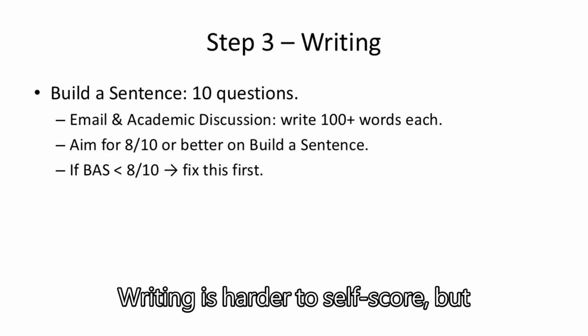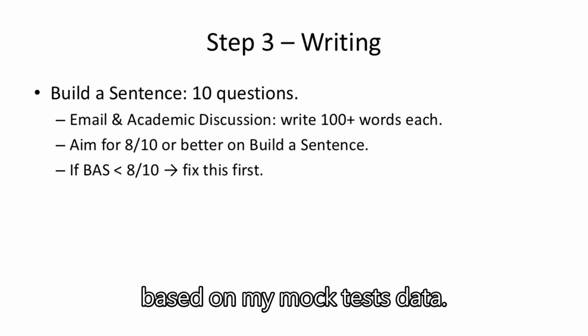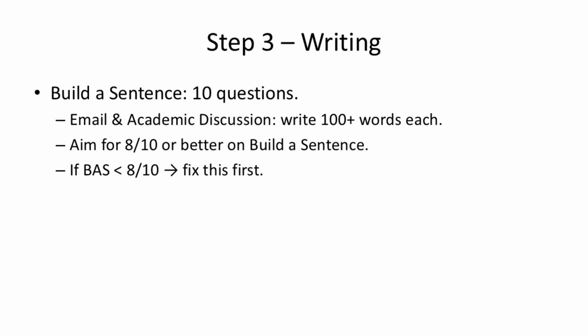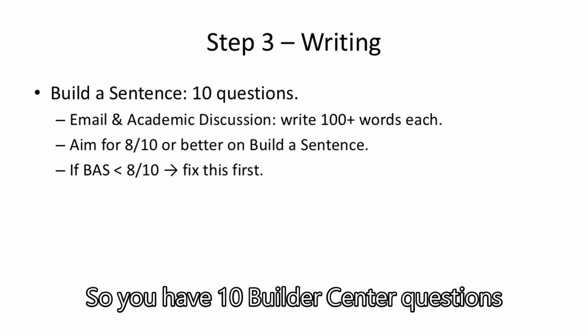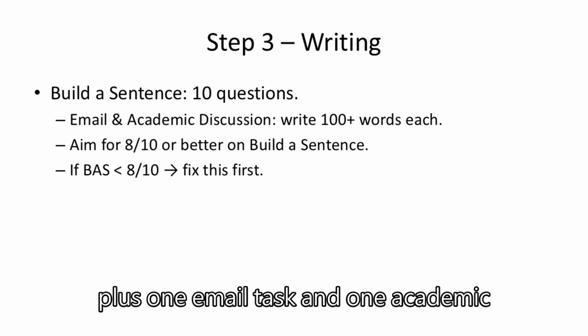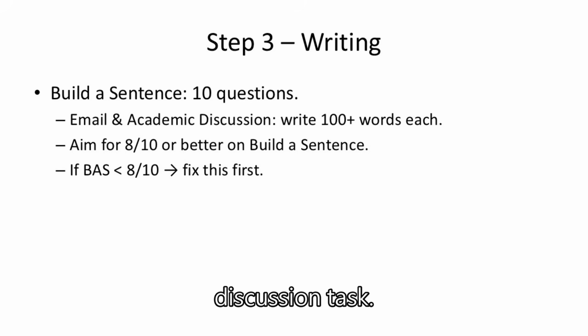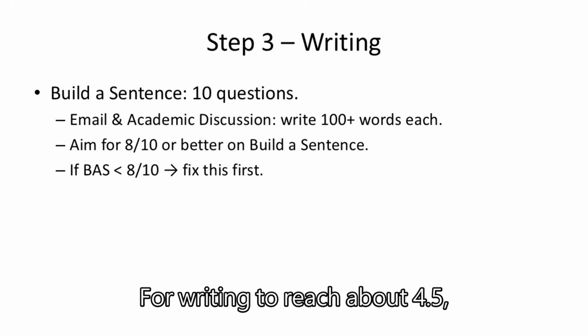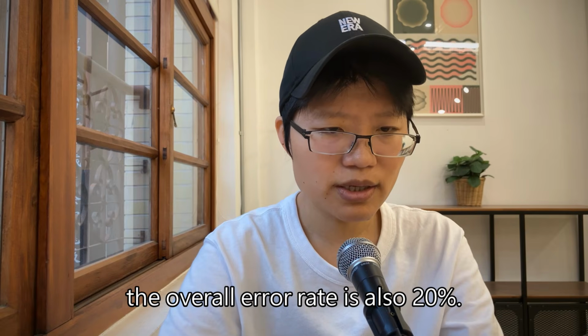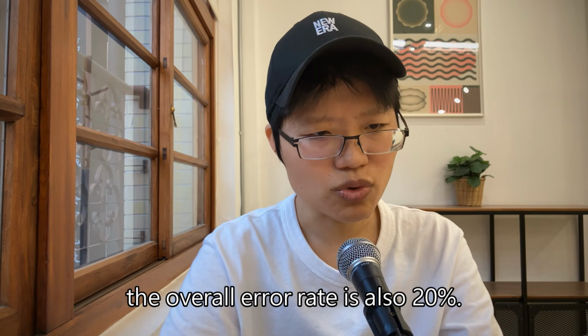Writing is harder to self-score, but we can still use a simple rule based on my mock test data. So you have 10 build-a-sentence questions plus 1 email task and 1 academic discussion task. For writing to reach about 4.5, the overall error rate is also 20%.